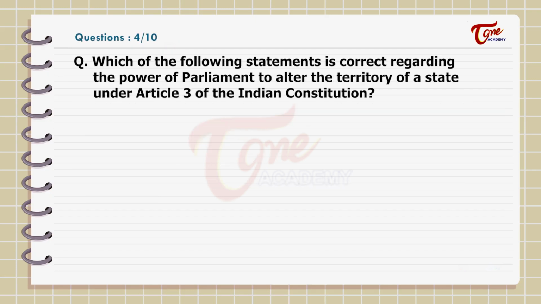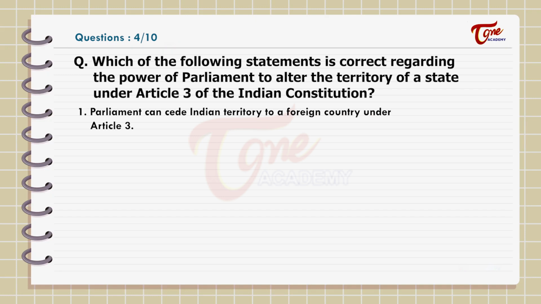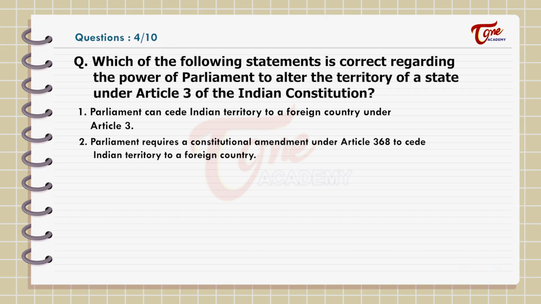Which of the following statements is correct regarding the power of Parliament to alter the territory of a state under Article 3 of the Indian Constitution? Statements: 1. Parliament can cede Indian territory to a foreign country under Article 3. 2.